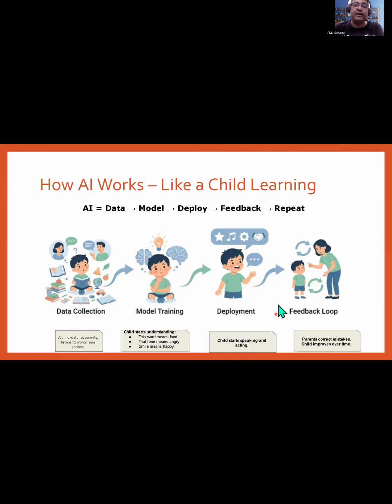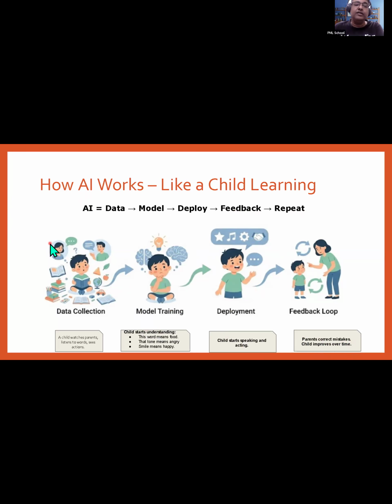This is called deployment. And the final stage is feedback and repeat. When you're talking to your parents in the family, you make a lot of mistakes, and they start correcting you, right? The child improves over time. In the same way AI learns. So this is not a magic wand or anything new.